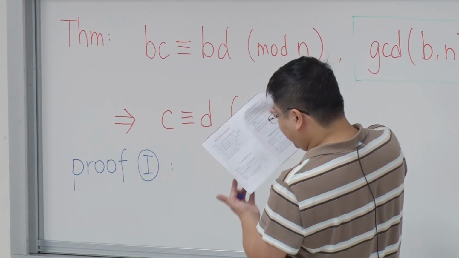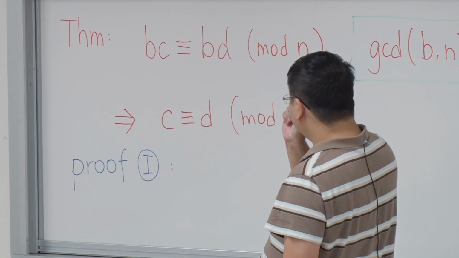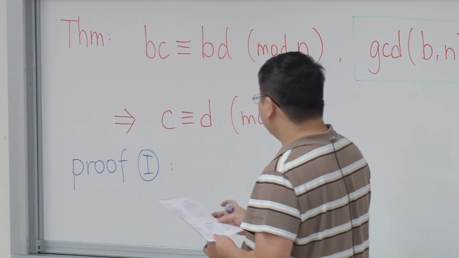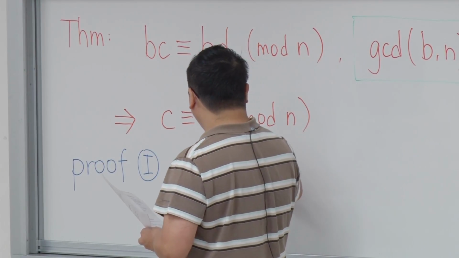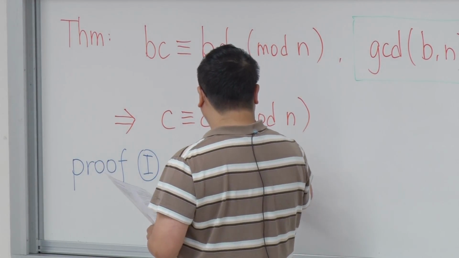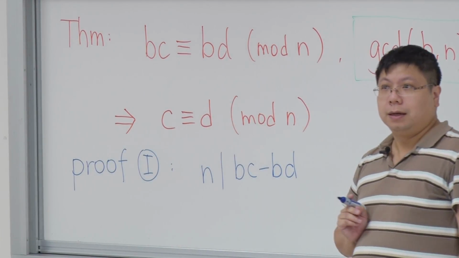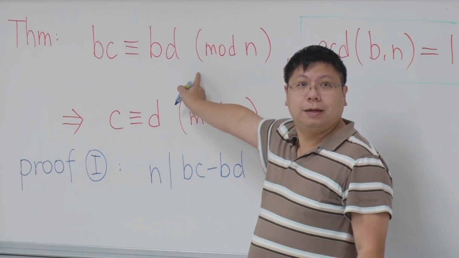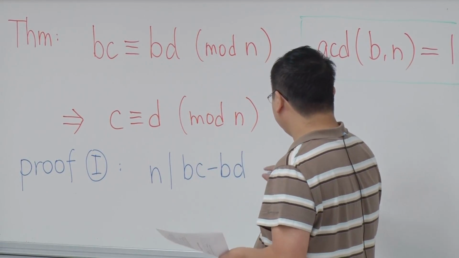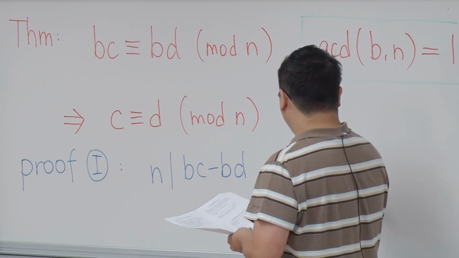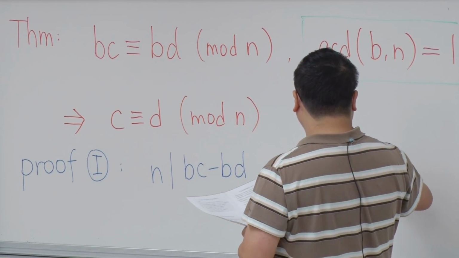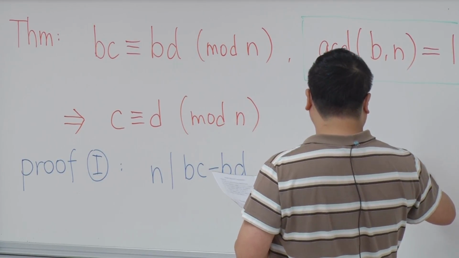So how do we prove this? Going back to the definition, we know that N divides BC minus BD, right? From this, N divides B times (C minus D).